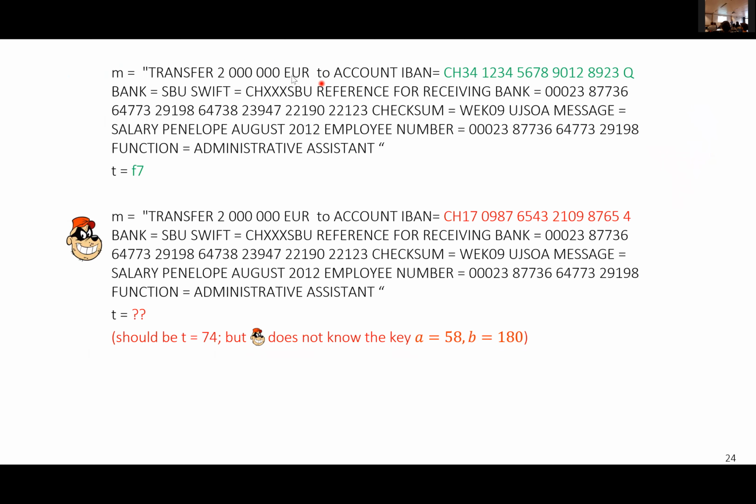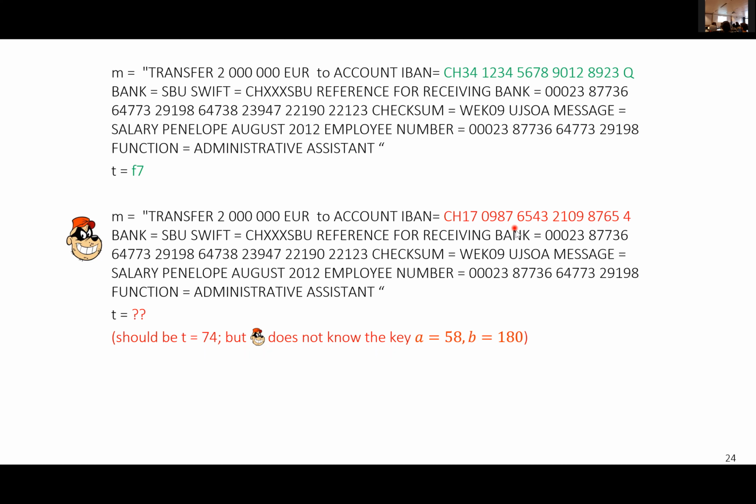For example, if I'm sending to my bank a message saying transfer that amount of money to this account here, then the attacker finds a way to get my message and transform the destination IBAN. But the problem is now the tag that I had computed by number crunching all this and applying the method I've given before gives F7.